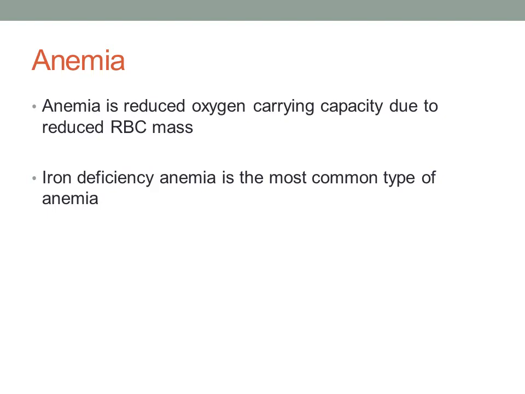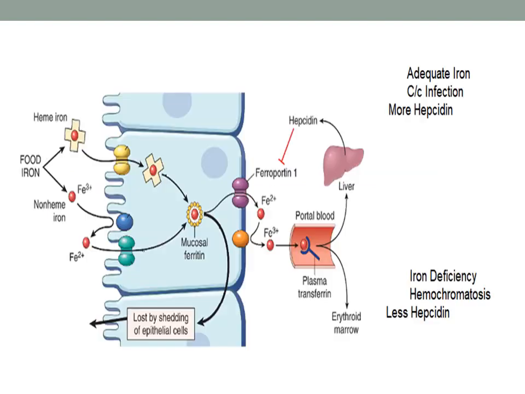And the reason there will be anemia is because oxygen binds to the hemoglobin to be carried to different parts of the body, and oxygen specifically binds to the iron part of the hemoglobin. Hence, there will be anemia whenever there is deficiency of iron.